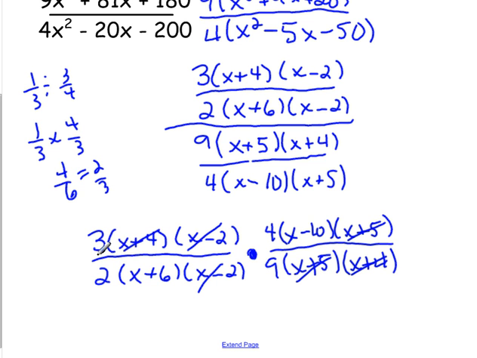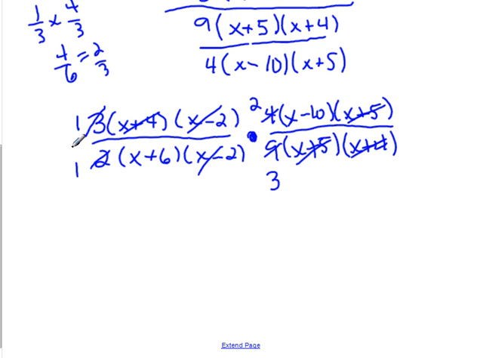So 3/9 will reduce to 1/3, and 4/2 will reduce to 2/1. So after we get all of the things reduced and canceled out, on top we get 1 times 2, which is 2, and then there's an x minus 10 left. And on the bottom, 1 times 3 is 3, and there's an x plus 6 left.